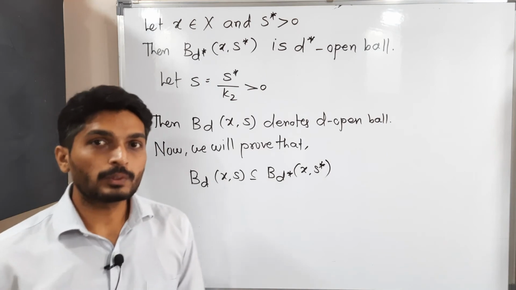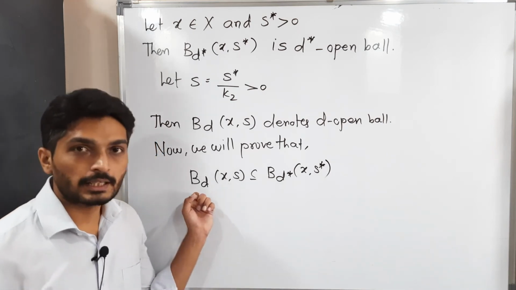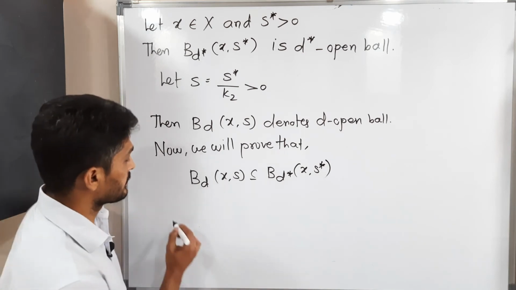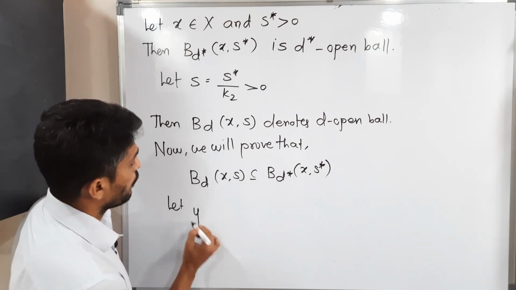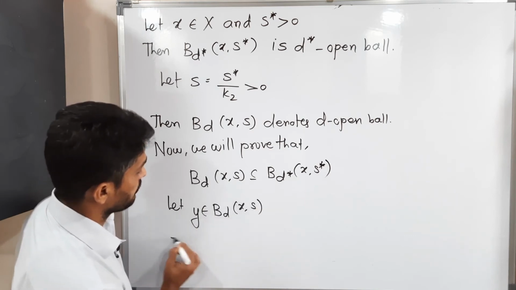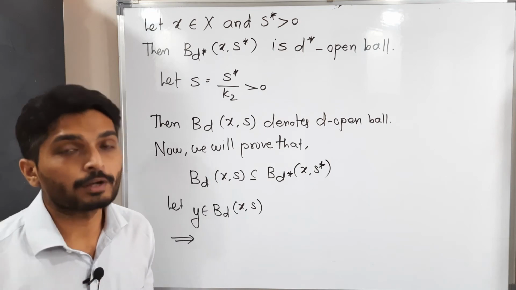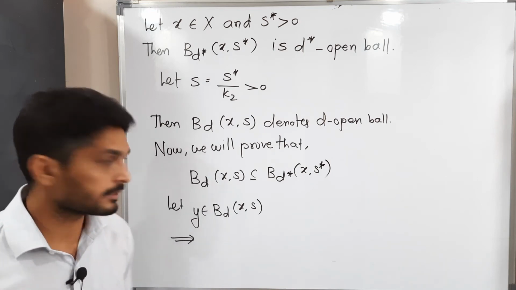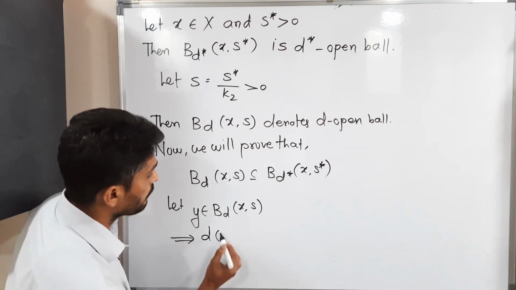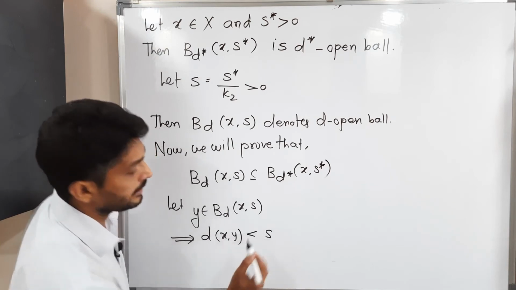How to prove that one set is a subset of another? By selecting one point. Let y belong to B_d(x, s). This point lies in the open ball, so the distance of this point from the center of the ball is less than its radius. Therefore d(x,y) is less than s.